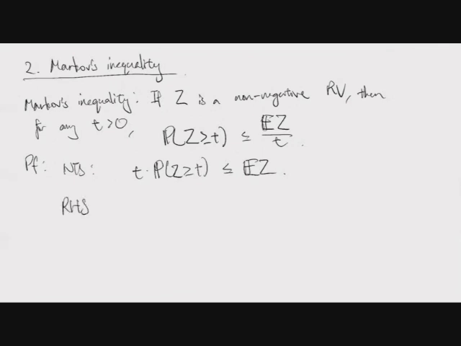The right-hand side is the expectation of Z, and by definition, this is the integral of z from 0 to infinity times the density. Now, how about the left-hand side? This is t times the probability that Z is bigger than t.